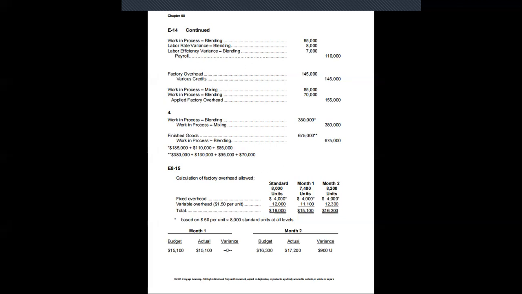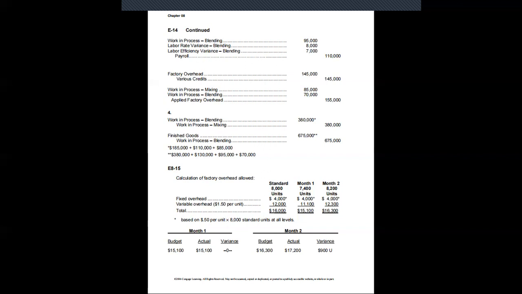So we now get 12,000. Here we have 7,400 units and 8,200 units. So 7,400, and then we multiply it by 1.50, we get 11,100 for factory overhead.